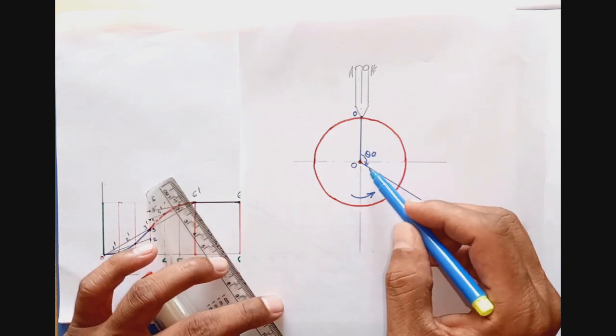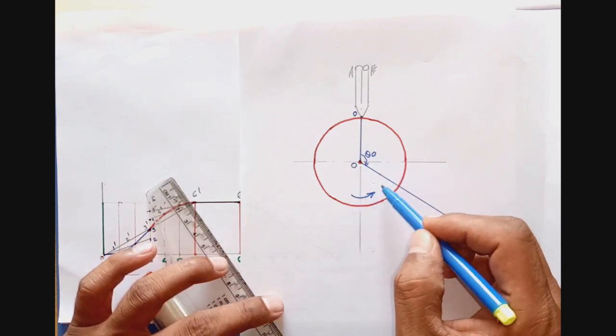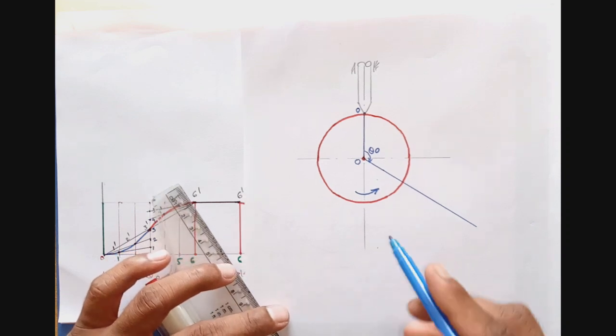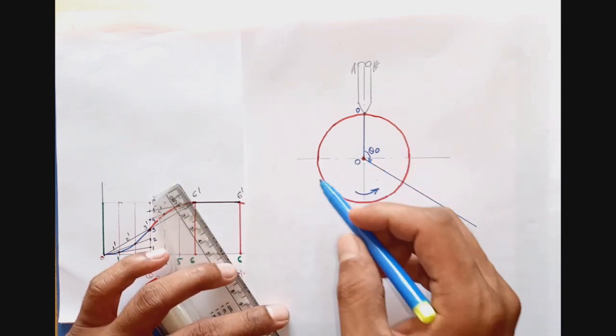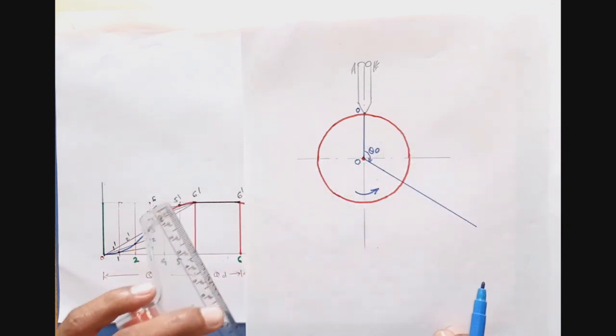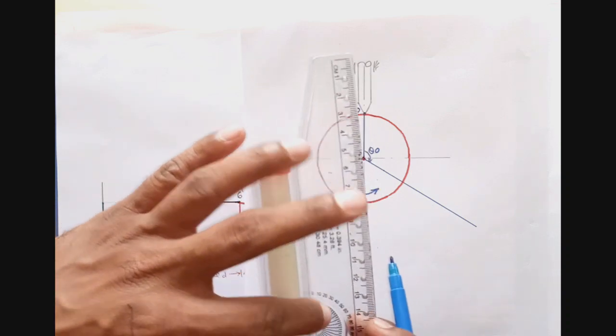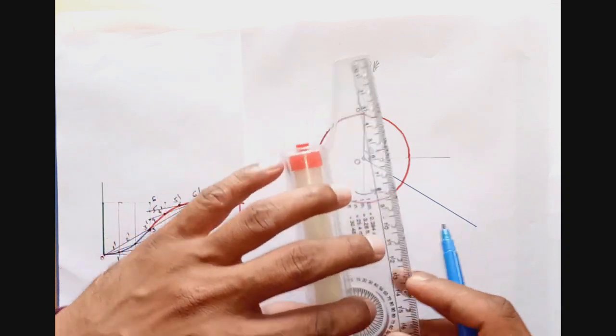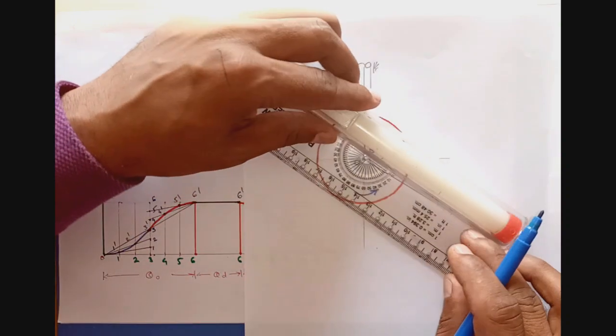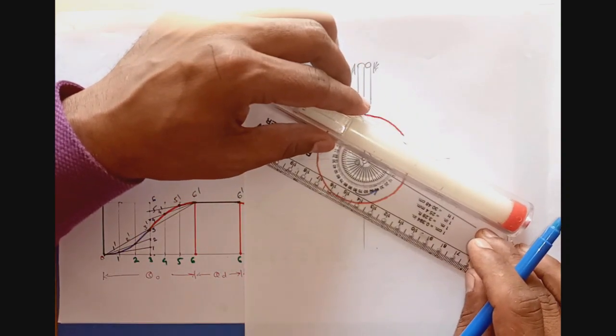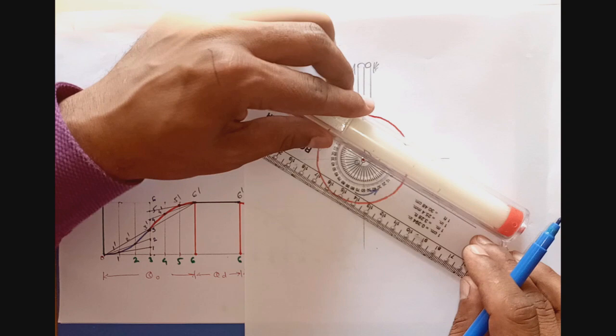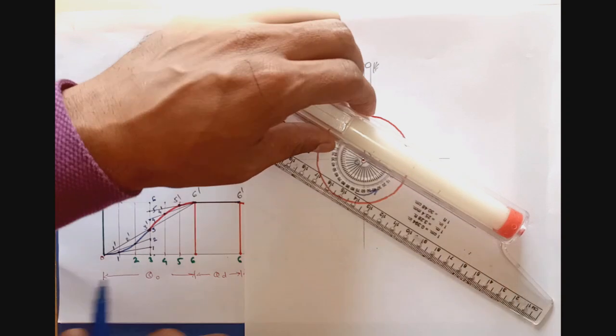Remember, we have to divide these in the opposite direction of rotation of the cam. Cam is rotating counterclockwise, so we are dividing in clockwise direction. Next is dwell of 30 degrees. From this line, it is 30 degrees. Place the protractor.